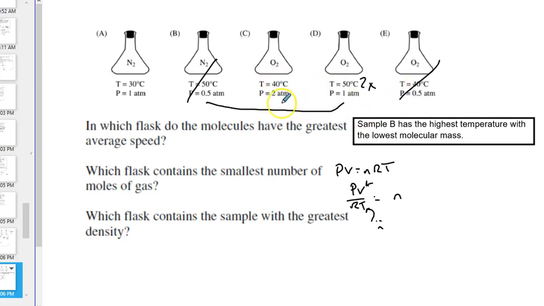This guy is out. And this one here, same thing. Well, it's got the same 1 atmosphere. This guy, if you had the same pressure and temperatures, this guy would have twice as many. Temperature's very close. This guy's out. So this guy has to be the answer. You can plug numbers in to verify, but it's a proportions question here.